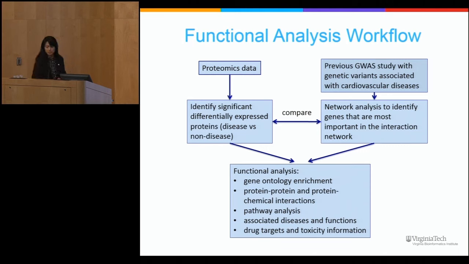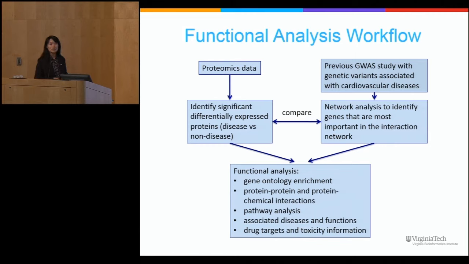Starting from the proteomics data that are provided from this project, we first identify the significant differentially expressed genes comparing disease cases versus non-disease cases. And also from previous GWAS data, the genome-wide association study, we have a list of genes that are known to be associated with vascular diseases.